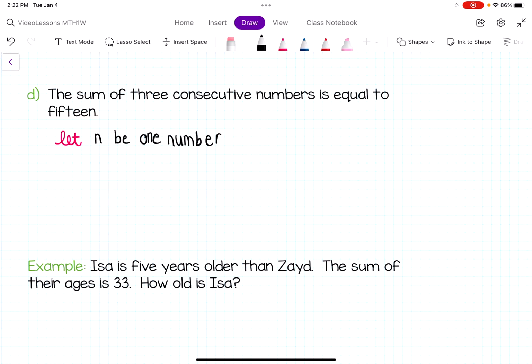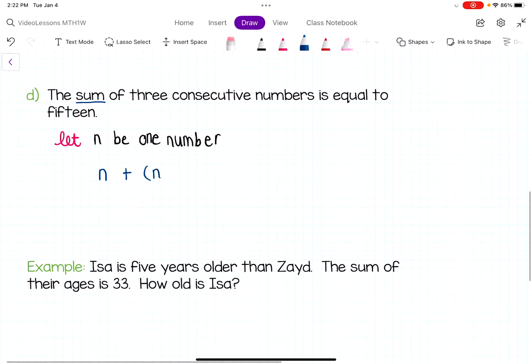So that would mean we start with n, and then I'm adding because we're saying that it's the sum. So sum means to add. The next one has to be n plus 1, and then the one after that would be n plus 2. And then that all is equal to 15.